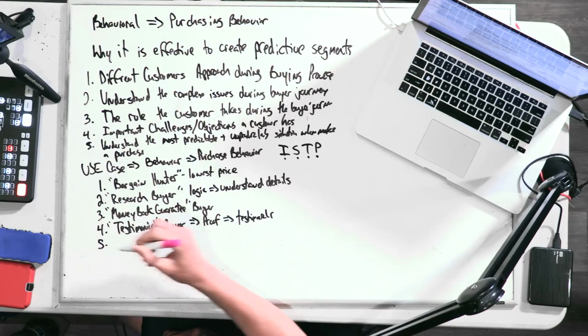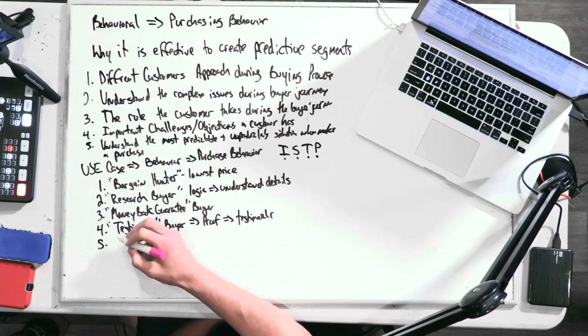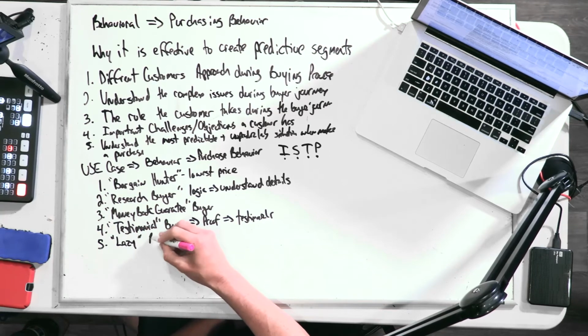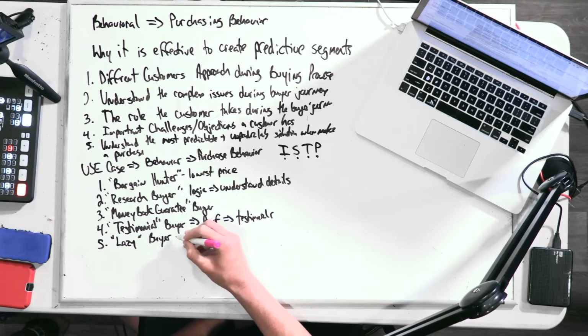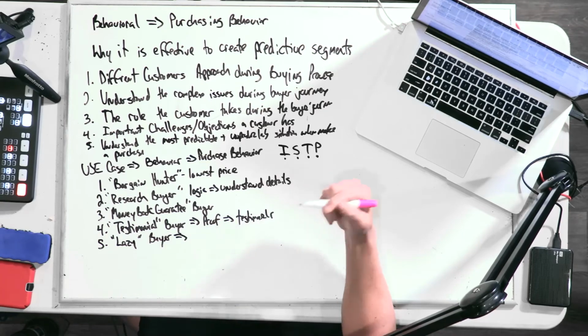Number 5, let's call that our lazy buyer. This buyer needs a push. They want a product, they need a product, but they don't pull the trigger.